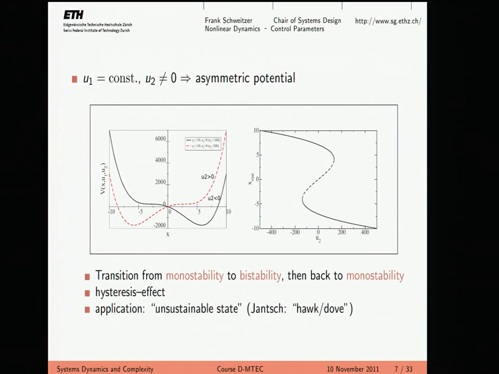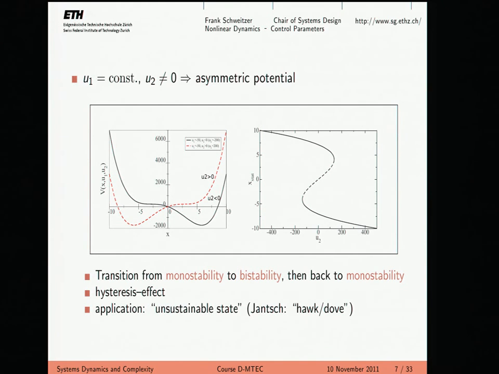And the hawk-dove example is similar in the sense that we have a country which, for whatever reasons, wants to invade another country. We had this happening, at least in my lifetime, a couple of times. And imagine the population is split in two fractions, hawk and doves, basically.